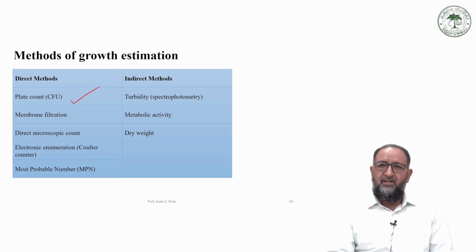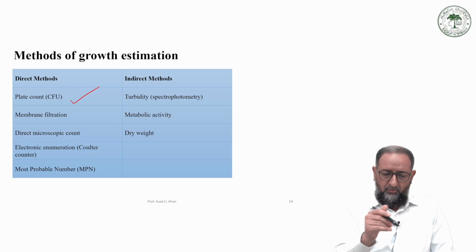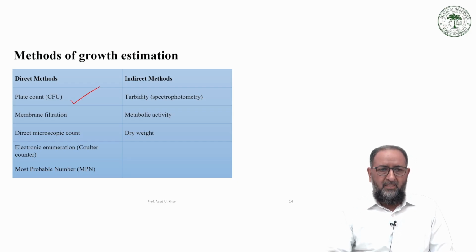Then you have the membrane filtration method and the direct microscopic method, where you can directly visualize the cells under the microscope and count how many you have. Then we have electronic enumeration, or the Coulter counter method, and the most probable number, the MPN method, with which you can directly count coliforms and other bacteria.